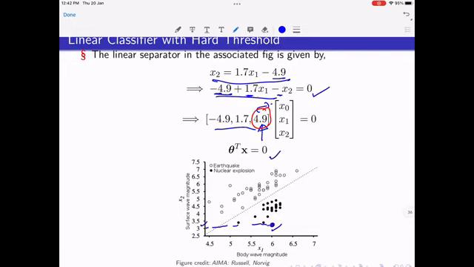So this belongs to this nuclear explosion category, and you can also verify it here. So 6 into 1.7 is like 10.2, and so this is minus 4.9 plus 10.2, and x2 is 3, so it is minus 3, right?